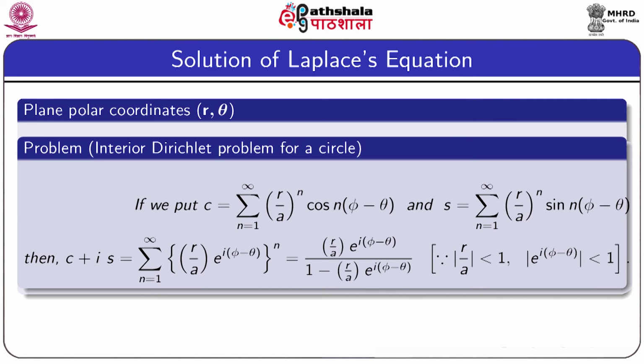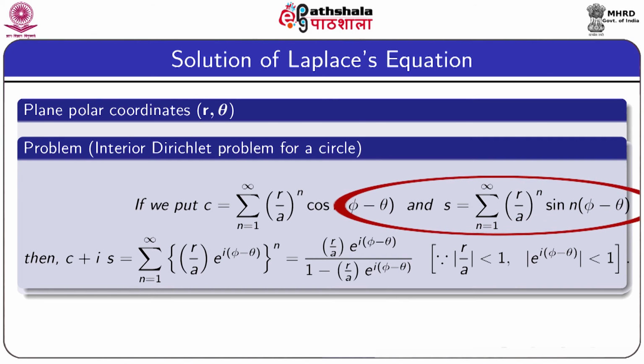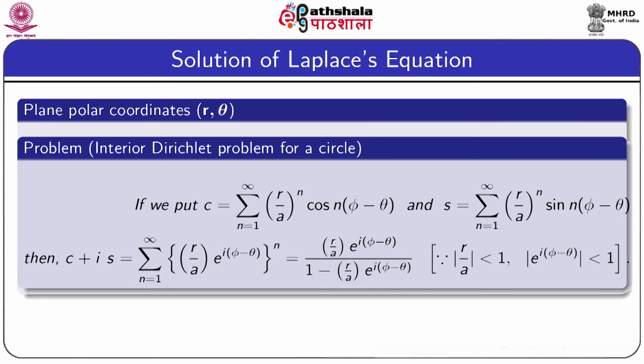Now, it is to be noted that there is an infinite series in the summation and we want to find the value of this sum. To find the value of this sum, we assume C as the sum of r by a to the power n cos of n phi minus theta, and S is assumed as the sum of r by a to the power n into sin n phi minus theta.